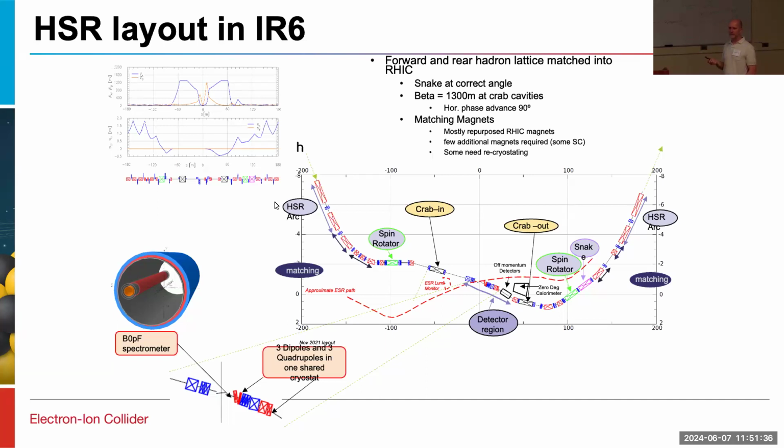That's the simplest version, and then there are more complicated versions because in reality, if you have multiple Siberian snakes in the machine, the orientation of the rotation axis matters. You don't just go from up to down, you have to go around an axis that is at 45 degrees relative to the orbit, for example. So it's not that simple, but the simplest version is just a solenoid. Think of a single Siberian snake. And of course, the more complicated ones get funny orbits. That's why they have the name.